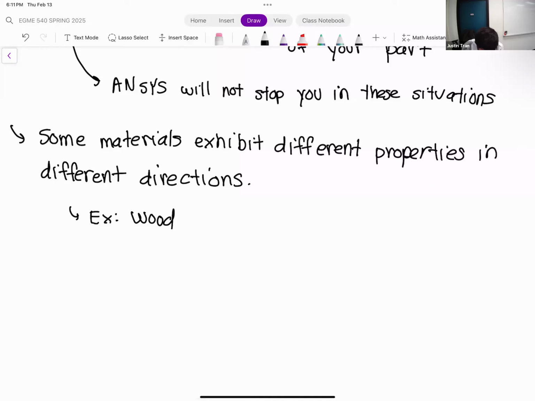So the most distinguishing property of wood is that there are natural fibers that run through the wood that were present in the tree before it got felled and turned. So the direction of the fibers within the wood will change its material properties in those directions.